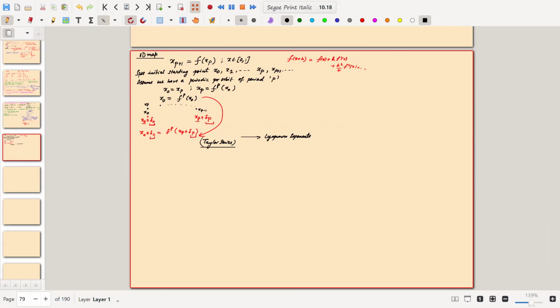What happens if your final iterate has been displaced by a large amount compared to the initial point? Your trajectories have diverged. If your trajectories have diverged, it means that it is chaotic, right?